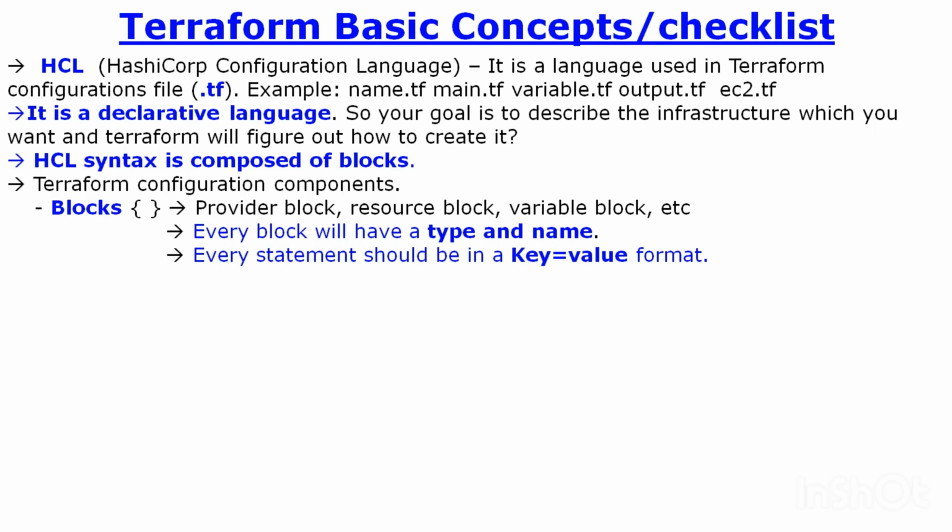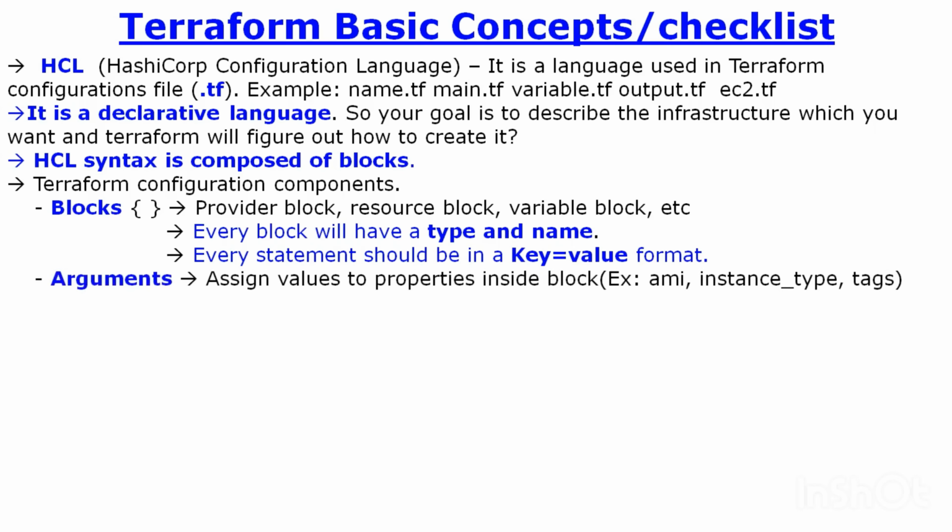Inside the curly bracket, you will give multiple lines of configuration, and they will be in the format called key-value format, which means there will be something equal to something. The left side is called the key and the right side is the value.